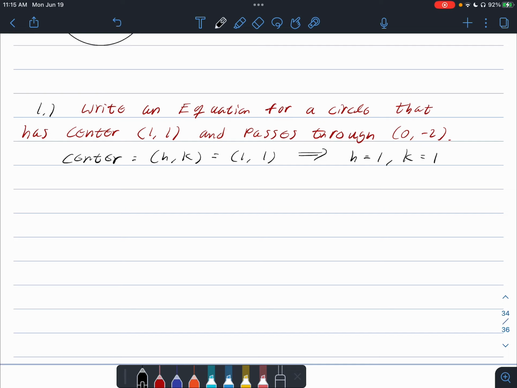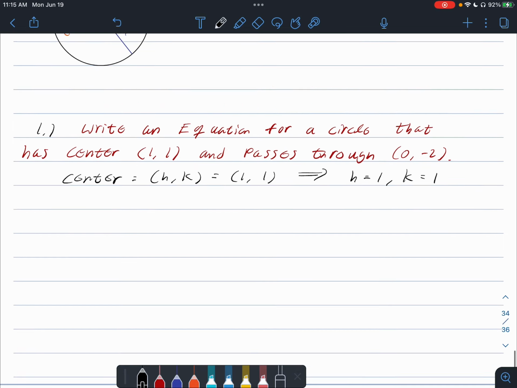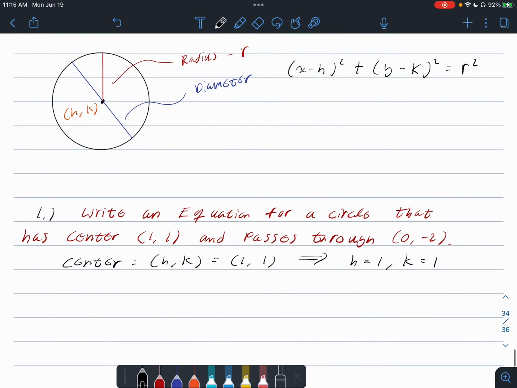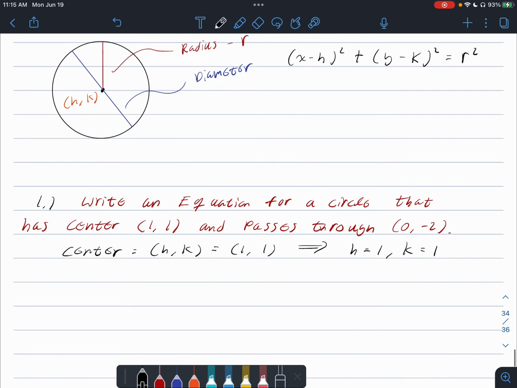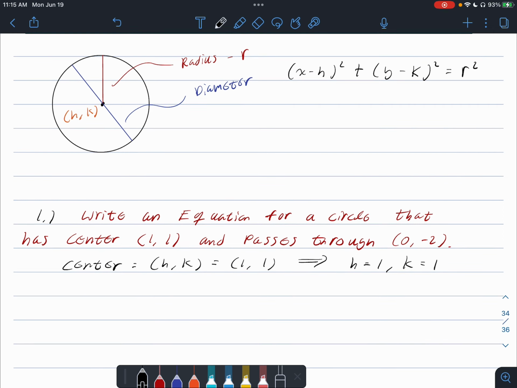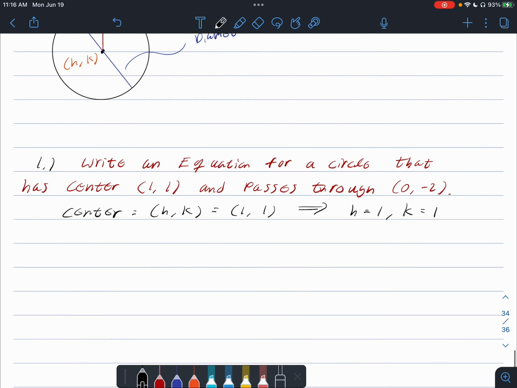Okay, that's easy. We don't have the radius, so we have almost everything, and we're really just missing r, okay? But to find the radius, if we go back and look at our picture here, we can see the radius is the distance from the center of the circle to any point on the circle, okay?